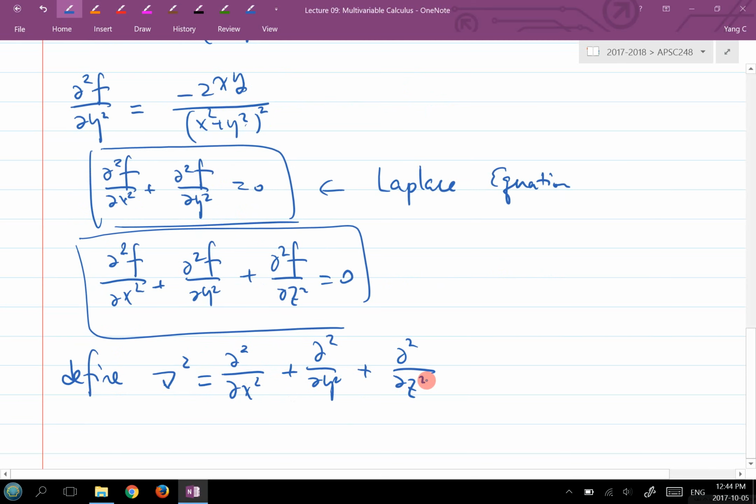So if you put it in front of f, then you get this Laplace equation, same thing. You can put it in front of another function w, and you get the same Laplace equation, but with a different function now. So that's an operator here. This operator is called a Laplacian.